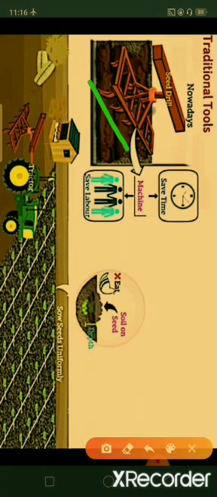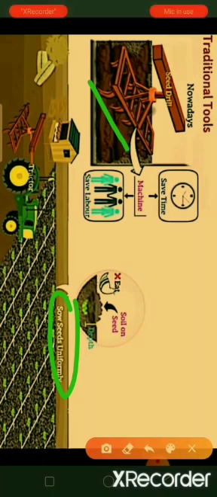With this, it is possible to sow all the seeds uniformly, keeping proper distance and depth. This tool is good. Why? Because it covers the seed after it is sown in the soil, so that the birds cannot eat them.